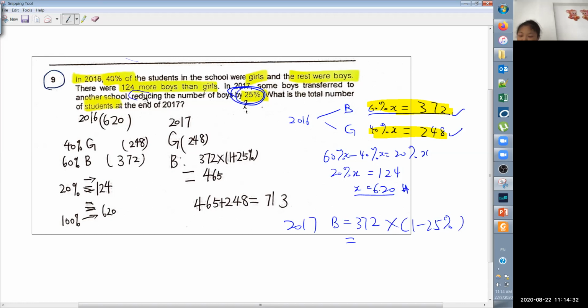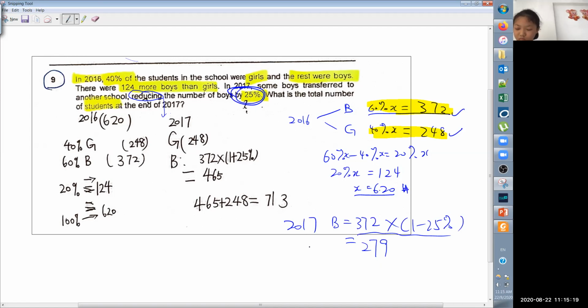Reduce 是减少啊，reduce 是下降啊。So can you help me out with this? $279. 279, right?